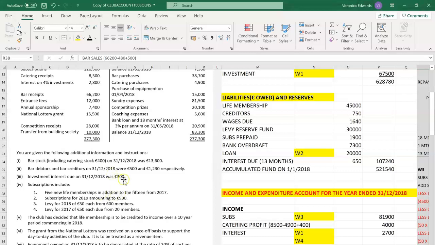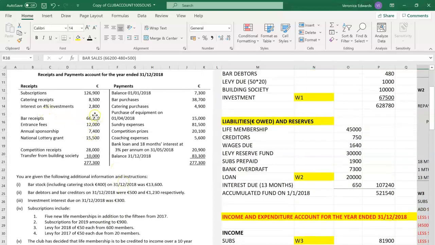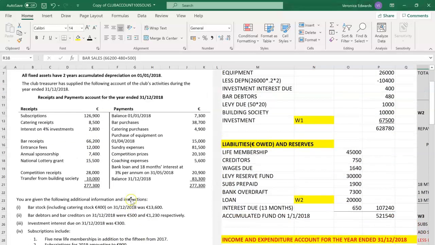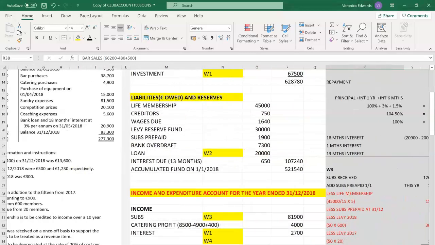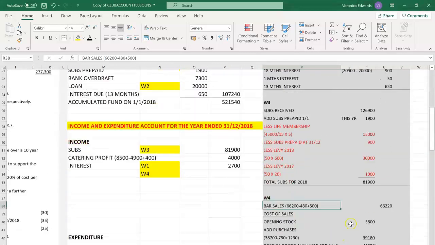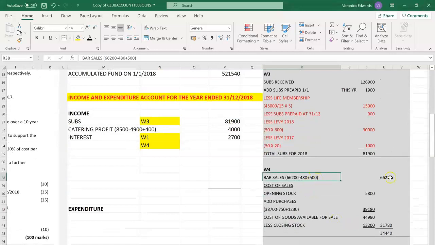Now, because you're owed that money, it's not included in the receipts figure, obviously, but it must relate to sales that happened during 2018. So because you're owed the money at the end of the year, it relates to sales that happened during the year, during 2018, you add it on. And that'll give you your bar sales figure, which is 66,220.